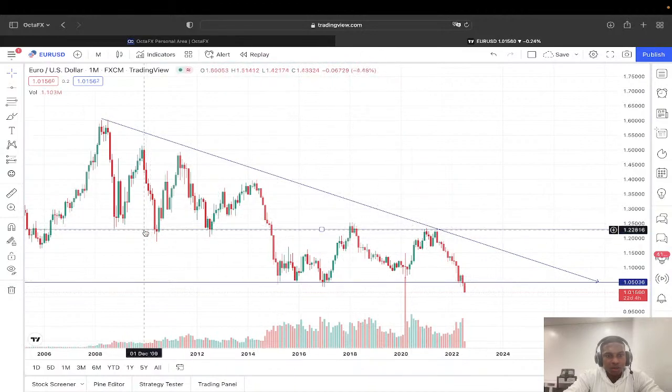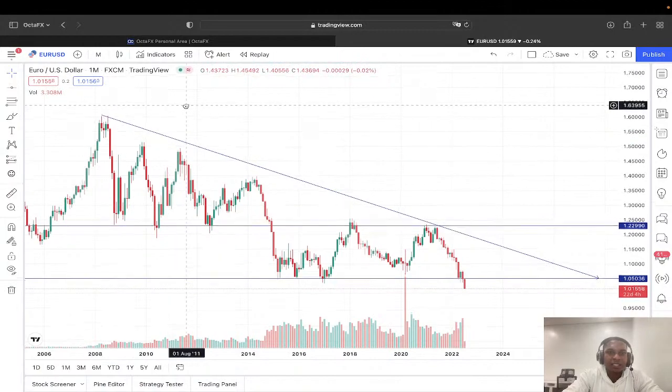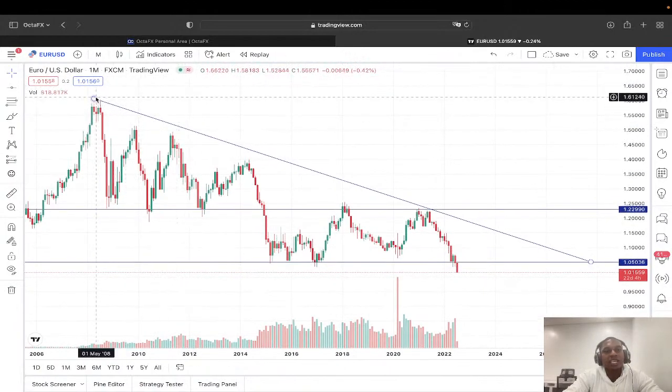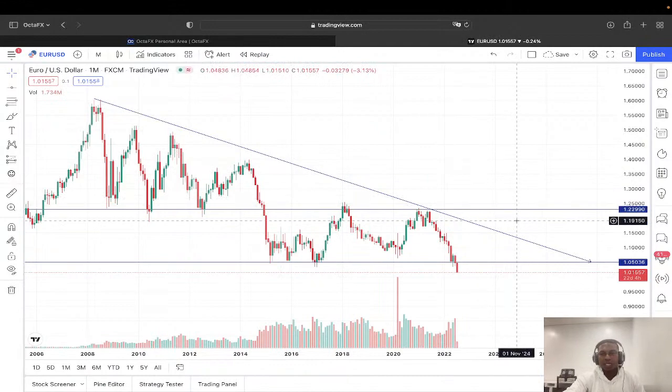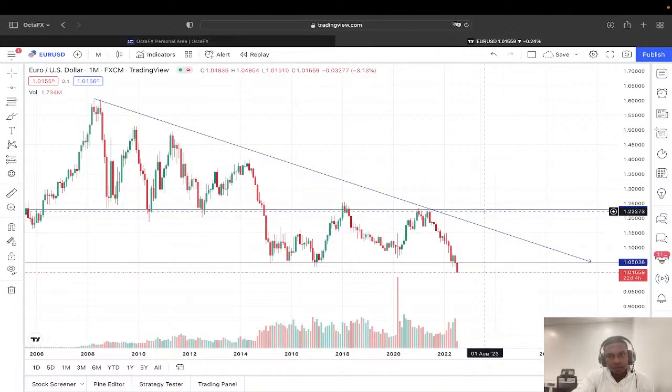And it's obvious that the market is in a downtrend when you put in your trend line. The trend line helps us to see the current direction of the market.